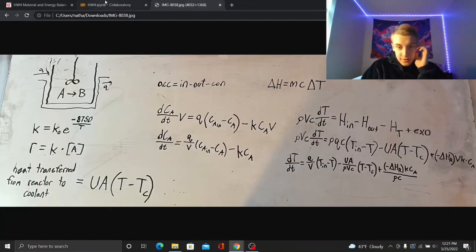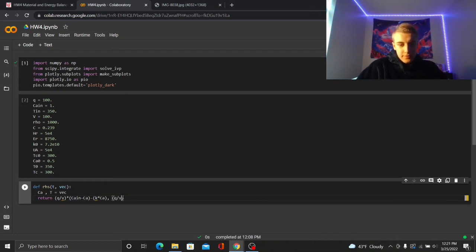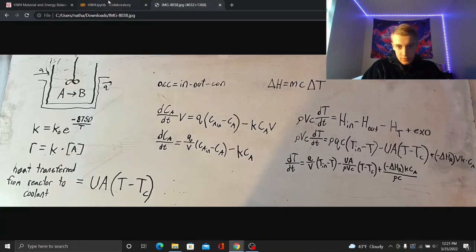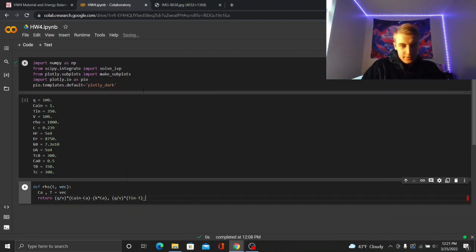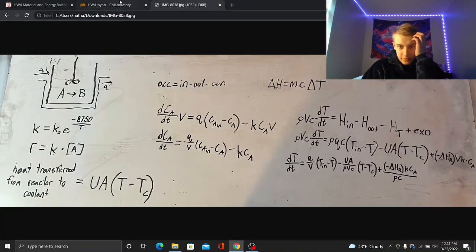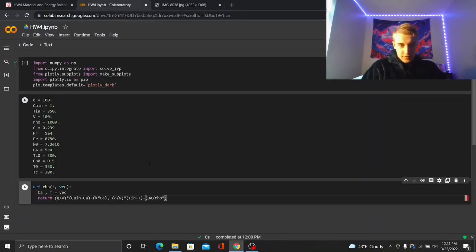And then our second equation is also Q over V times T in minus T, minus UA over rho times V times C. I'm just going to put parentheses around everything just to be safe.